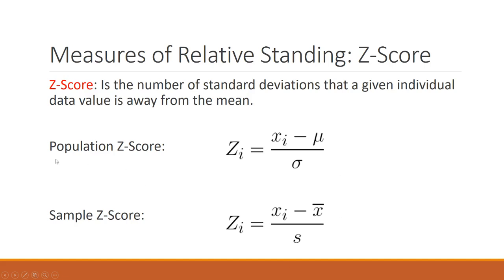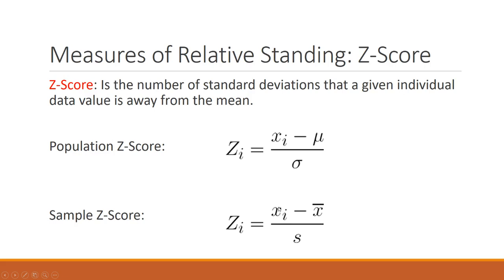And here are the equations. We can have a population z-score, or we can have a sample z-score. Again, this is a measurement of how far away a particular value is from the mean, measured in units of standard deviations. Okay, so let's take a look at how it's calculated. Let's focus here on the sample, because that's what we're always working with.